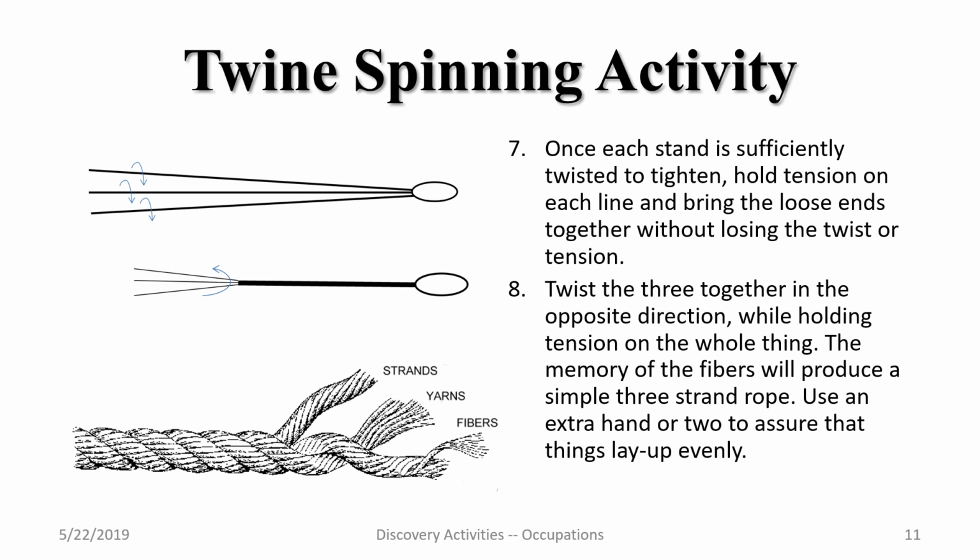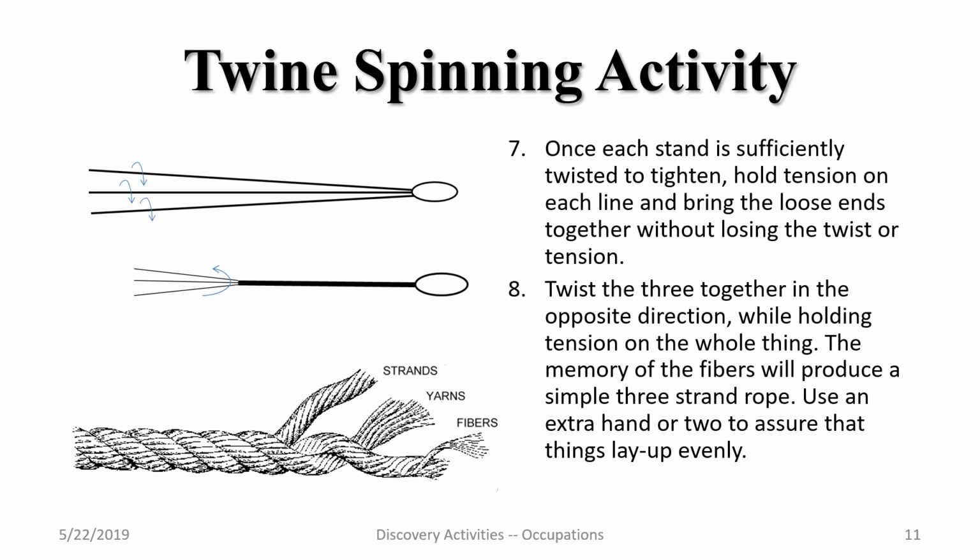Once each strand is sufficiently twisted to tighten, hold tension on each line and bring the loose ends together without losing the twist or tension. Twist the 3 together in the opposite direction while holding tension on the whole thing. The memory of the fibers will produce a simple 3-strand rope.